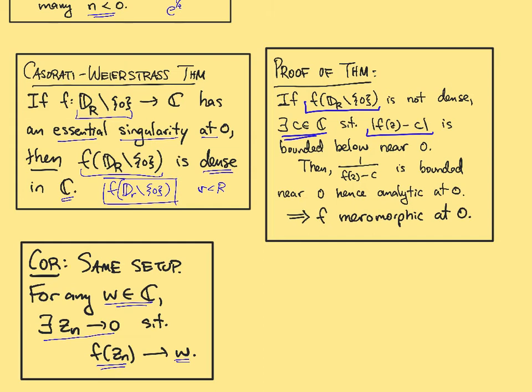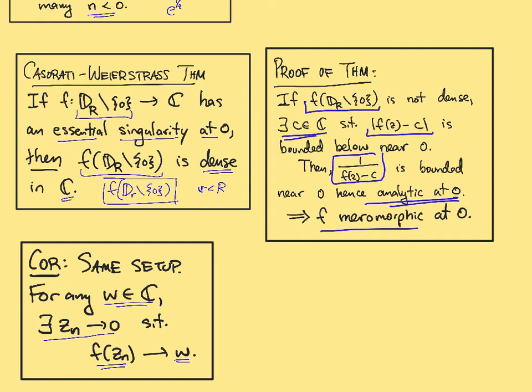But then I get that 1 over f minus c is bounded near 0, and so it has to be analytic there. And since we already pointed out that meromorphic functions form a field, this will be a meromorphic function, so its reciprocal is meromorphic, and then you get that f is meromorphic at 0. So its singularity cannot be essential, and that proves the Casorati-Weierstrass theorem.